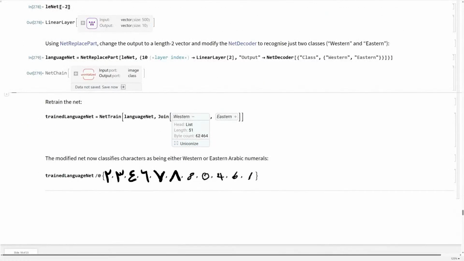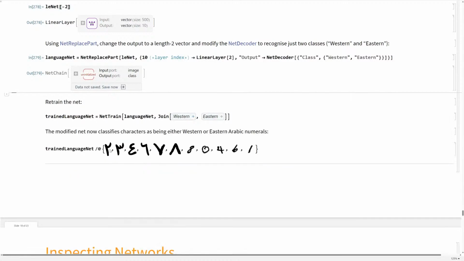So what I'm doing here is that I'm not going to expand this, but as you can see here, we have some, these are the Eastern Arabic numerals, I believe, and then these are the Western ones that we're currently using.